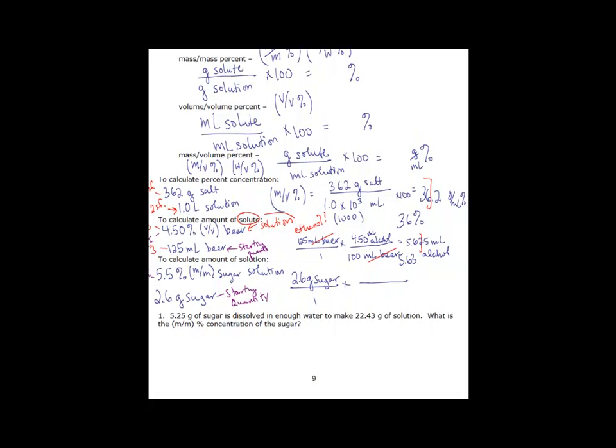I'm going to get out another sheet of paper. Okay, so we have 5.5% mass per mass sugar solution. Can write it out two ways.